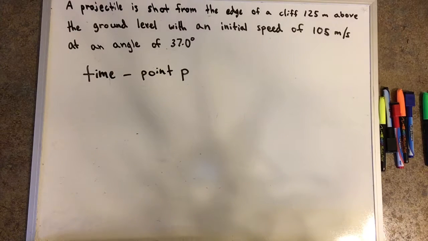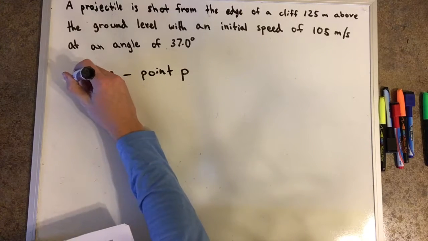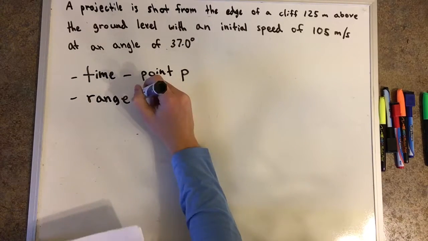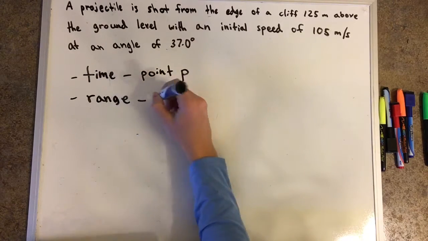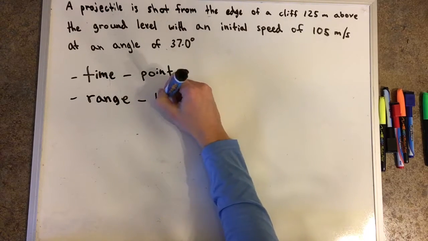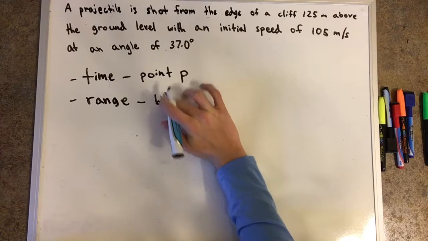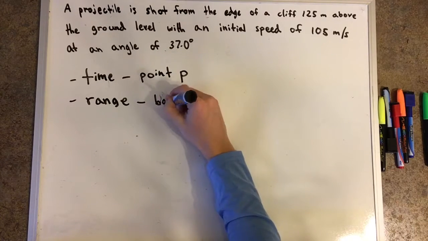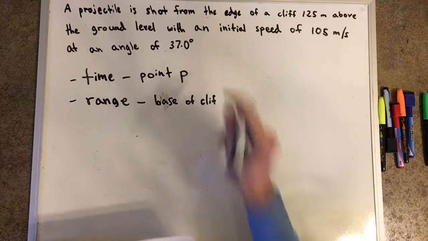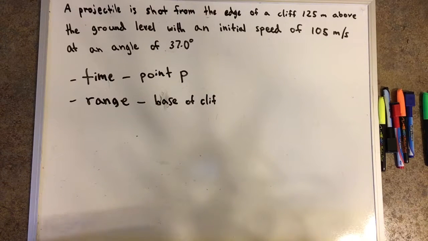Next, determine the range X of the projectile as measured from the base of the cliff. C. The horizontal and the vertical components of its velocity.